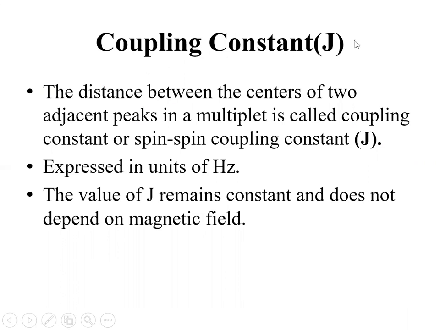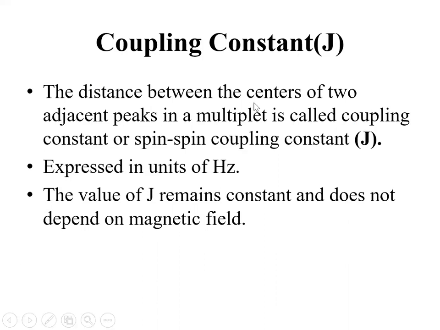Now, coupling constant. This is a very important topic of NMR spectroscopy, because using the coupling constant value, we can reveal the spectral aspects of organic compounds. And in coupling constant, we discuss the factors which influence the value of coupling constant J. First, we are going to discuss what a coupling constant is.